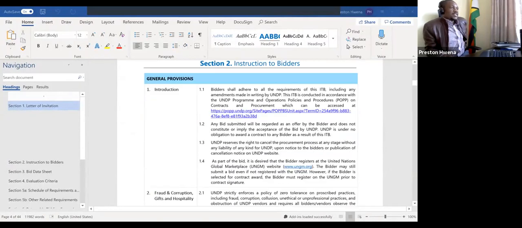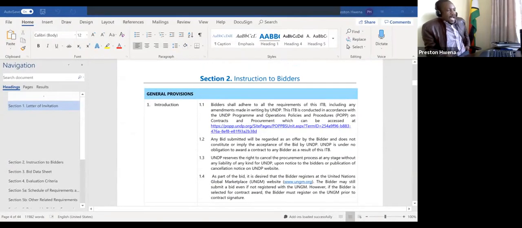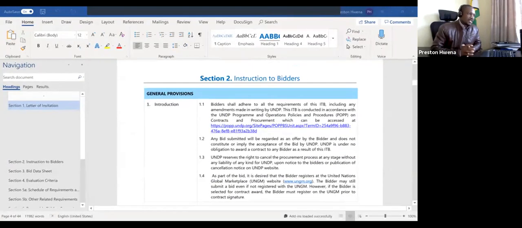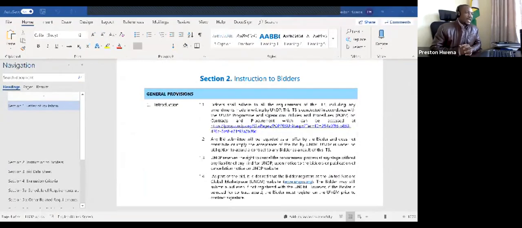In terms of instruction to bidders, I'll not waste much time going through these instructions one by one, but what I'll encourage you is, as bidders, take time to familiarize with these instructions. These are critical, especially if you want to participate in UNDP procurement processes.